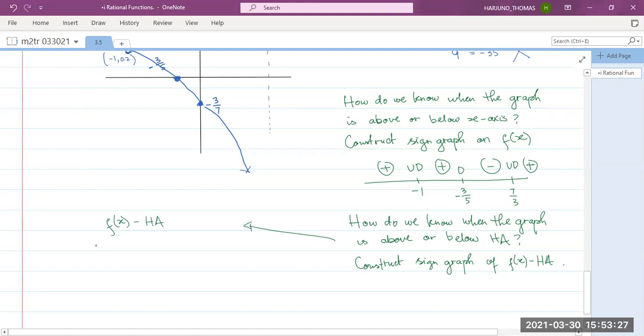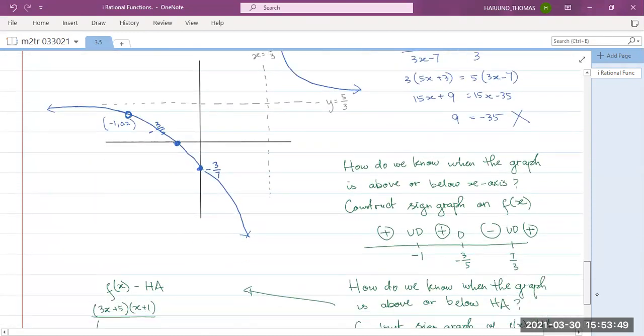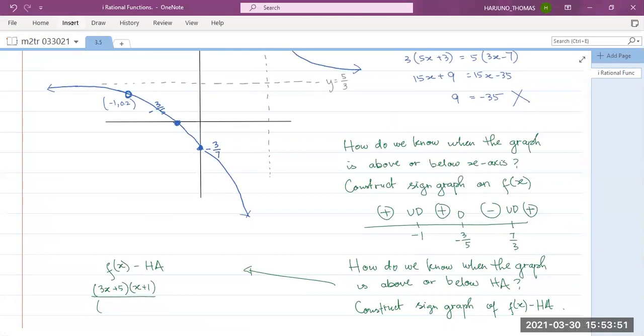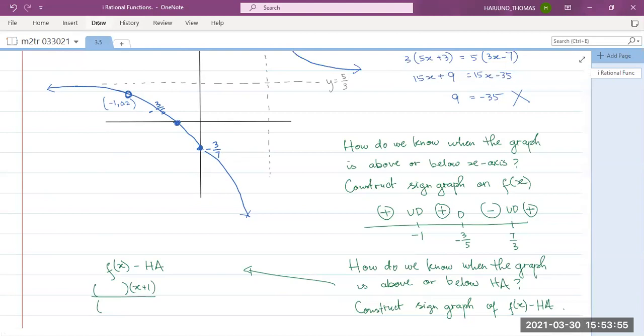f(x) is, what's that? (5x - 3)(x + 1) over (3x - 7)(x + 1). Sorry, I copied that wrong.